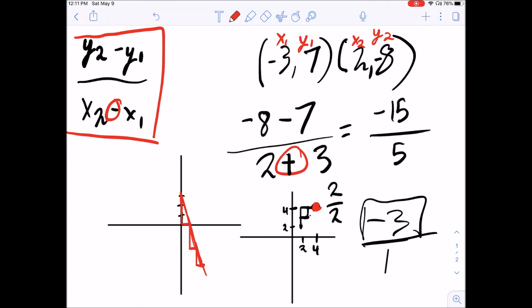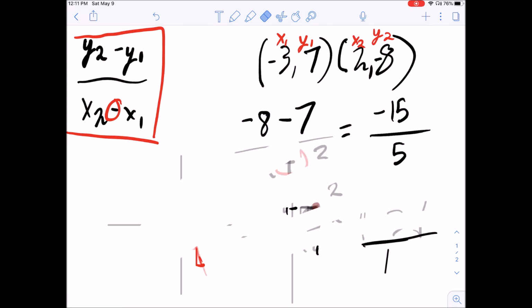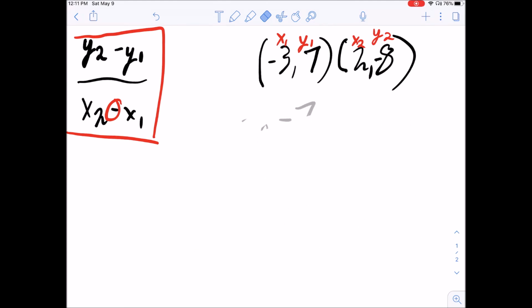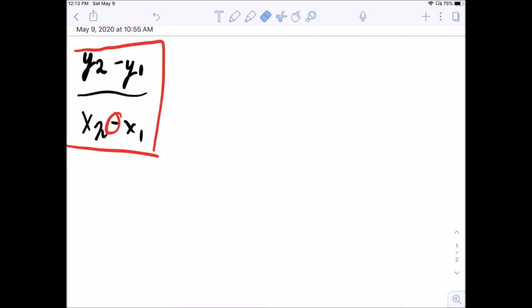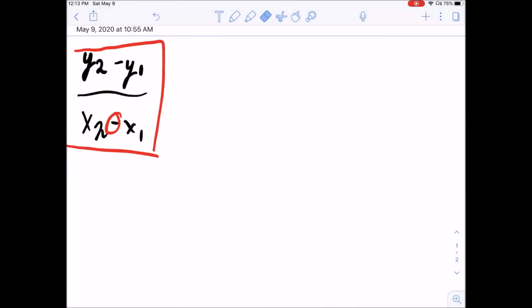I hope that this is informational and that you thought this was a good video. Okay, so the only tricky part about slope is remembering y2 minus y1 over x2 minus x1. Sometimes people mix it up and they do y1 minus y2 over x1 minus x2. So yeah, some people mess that up.